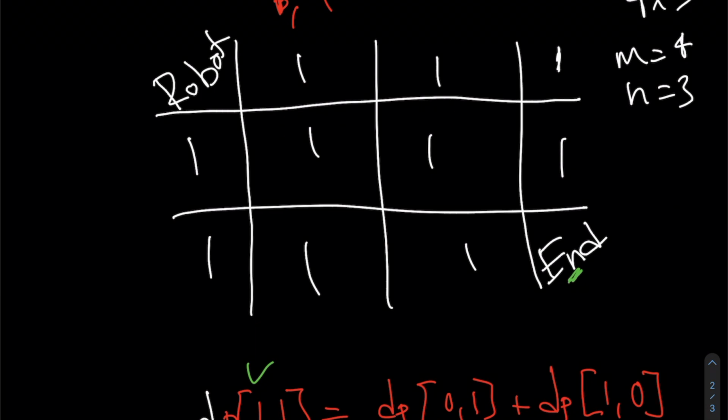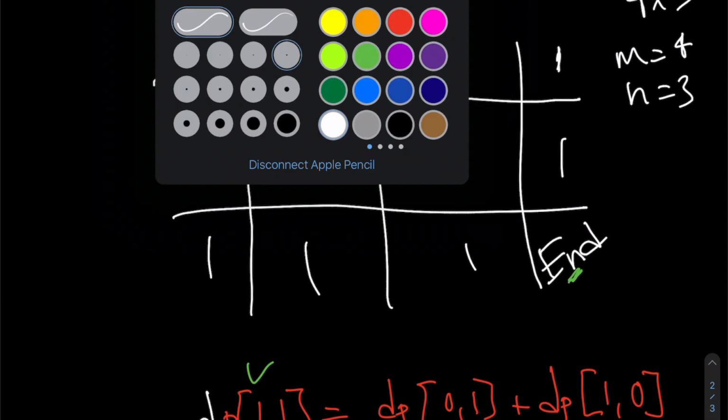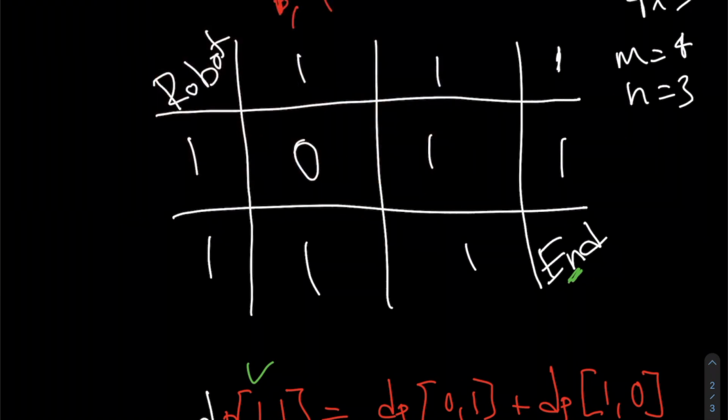So let's start here. If we follow the DP function that we've written down below, it says that whatever the value is here is an addition of these two. Right? It's going to be whatever this is and this is, which in this case ends up being 2.